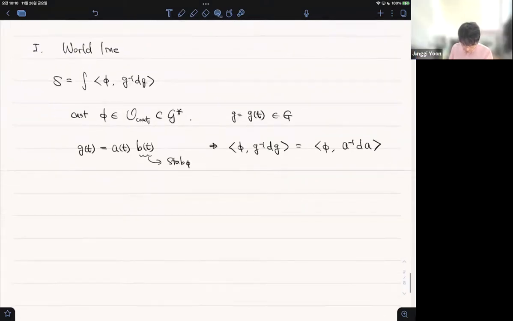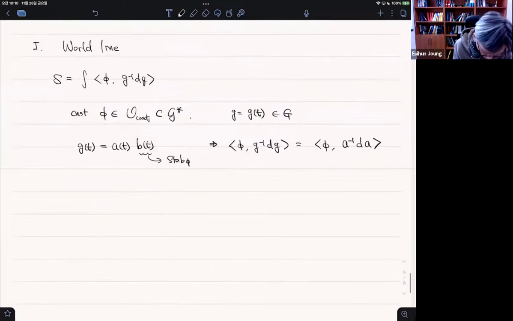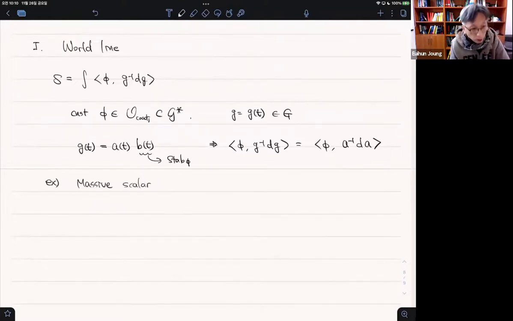Yeah, so then it will actually be easier to take an example which is a massive scalar. Here I present this from the point of view of coadjoint actions and coadjoint orbits, but actually this kind of construction has been studied for a long time under the name of nonlinear realizations.